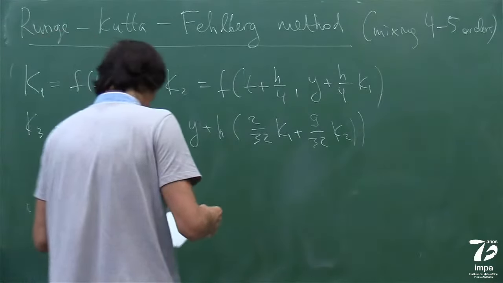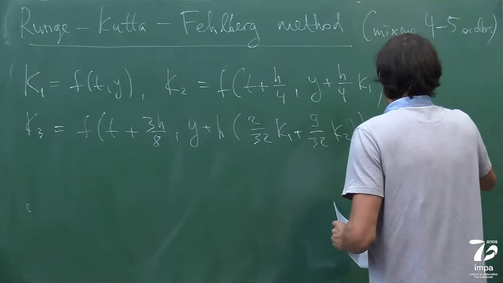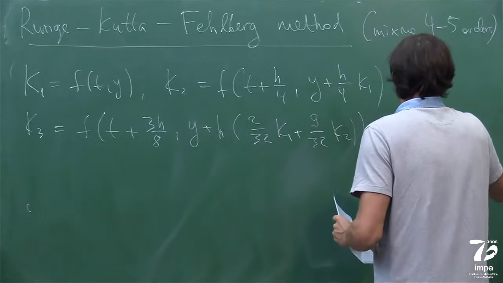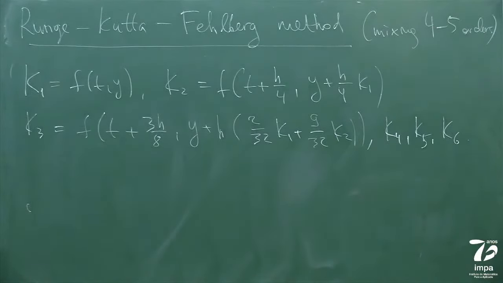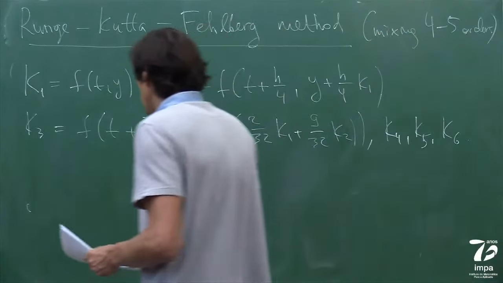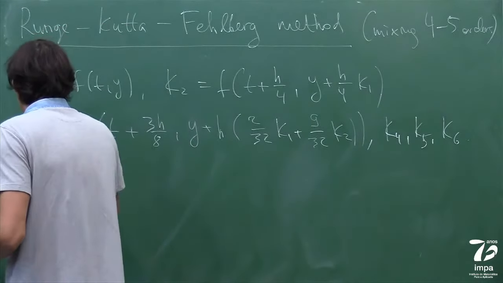So then there will be K4, K5, and K6. There are explicit formulas with certain coefficients which are computed with this analysis. And then these same k terms give you both fourth order and fifth order.